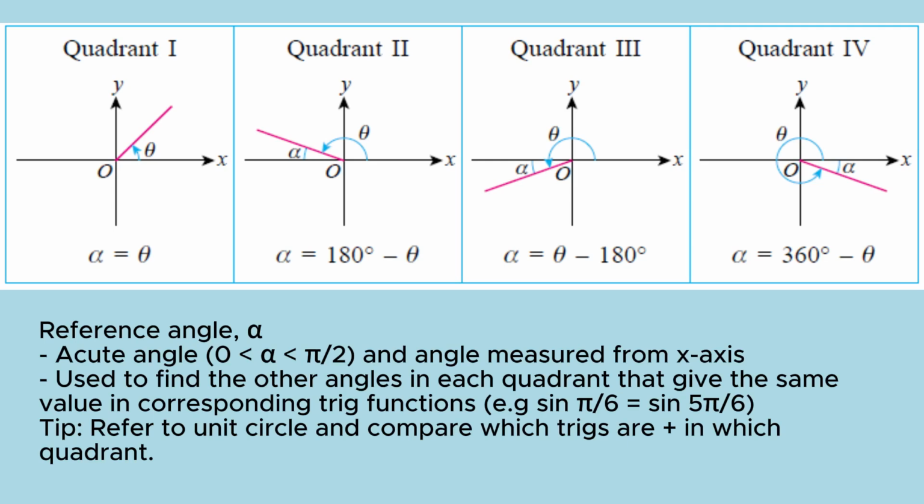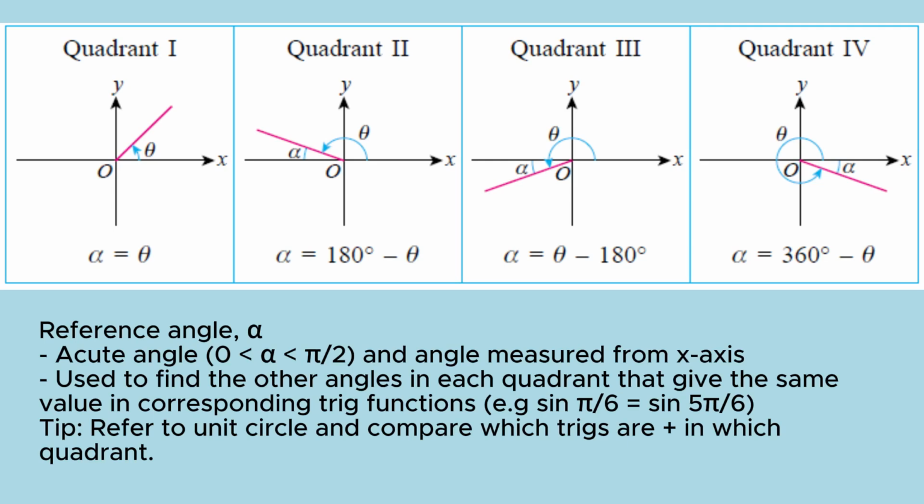So how you do this is that you refer to the unit circle and compare which trigonometric functions are positive in which quadrant. For example, if you have a reference angle and cosine, the angle is equivalent to an angle found in between 270 to 360, then that cosine value will be equal.